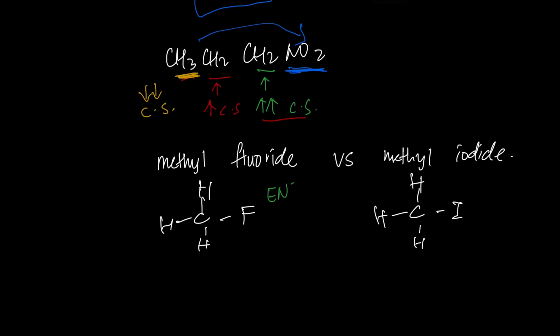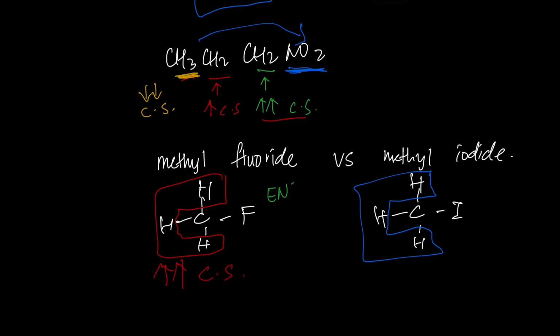So if we compare the chemical shift value for the protons here and these three protons, we know that the protons in methyl fluoride have a higher chemical shift value.